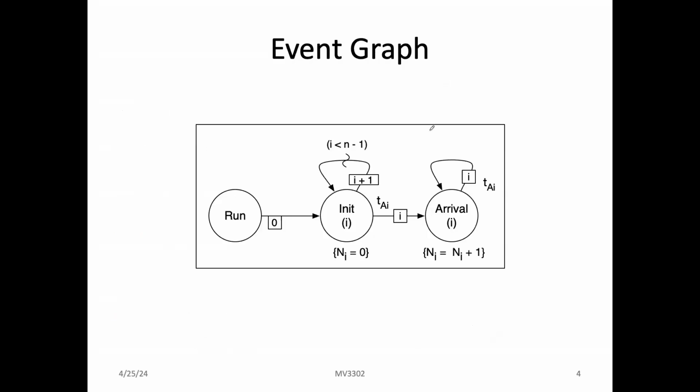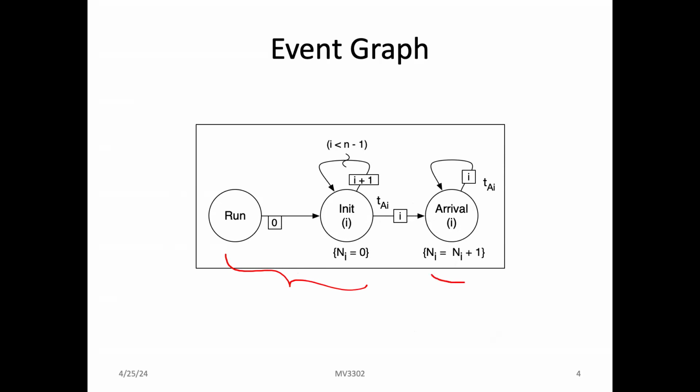And so what does that look like for an event graph? Well, what we need to do is put n of these arrival events on the event list. So we do that using, hopefully you recognize this pattern, the event graph for loop. And then for every one that we have, we're going to schedule an arrival event, and we're going to pass it the index of that.